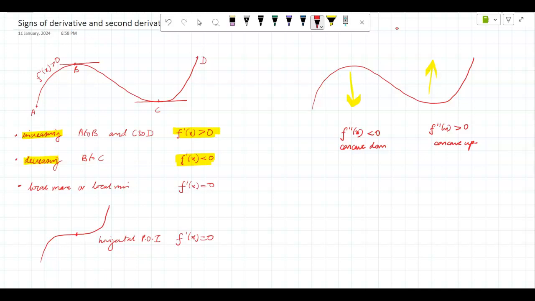So let's summarize. First, local max. How do you get the local max? You take the first order derivative equal to 0.